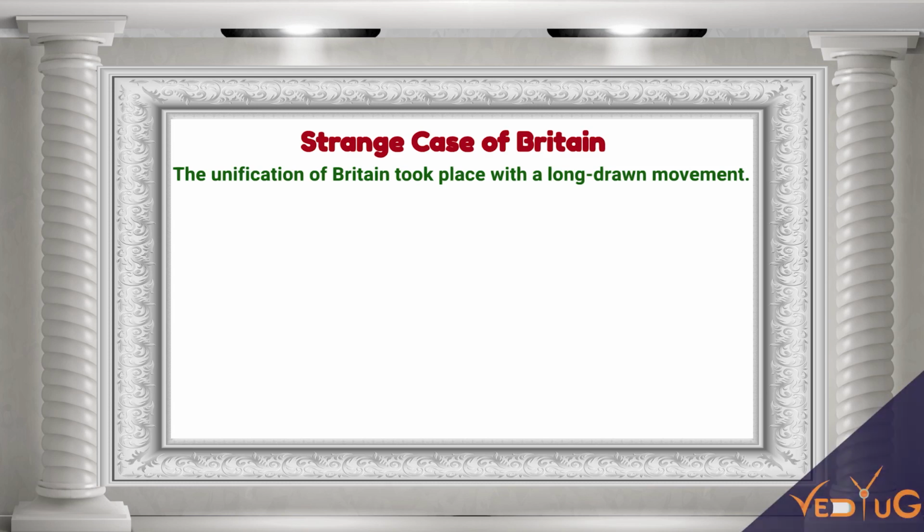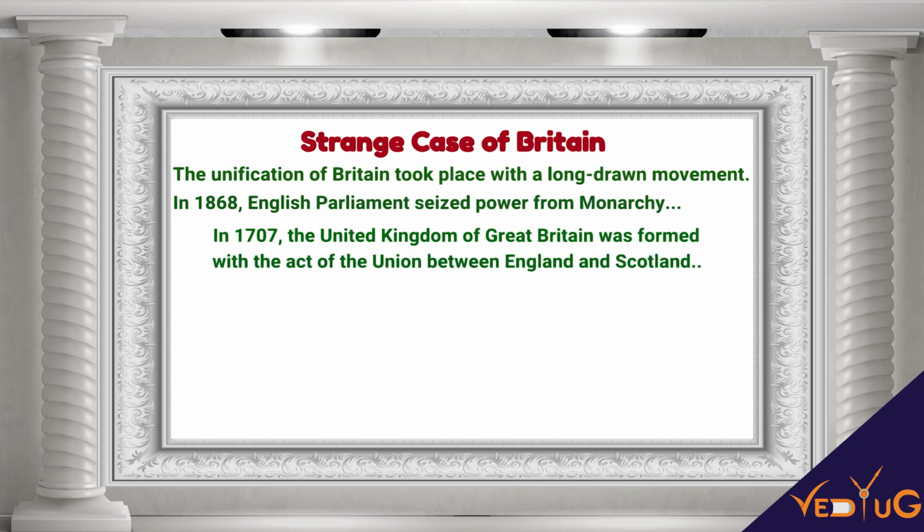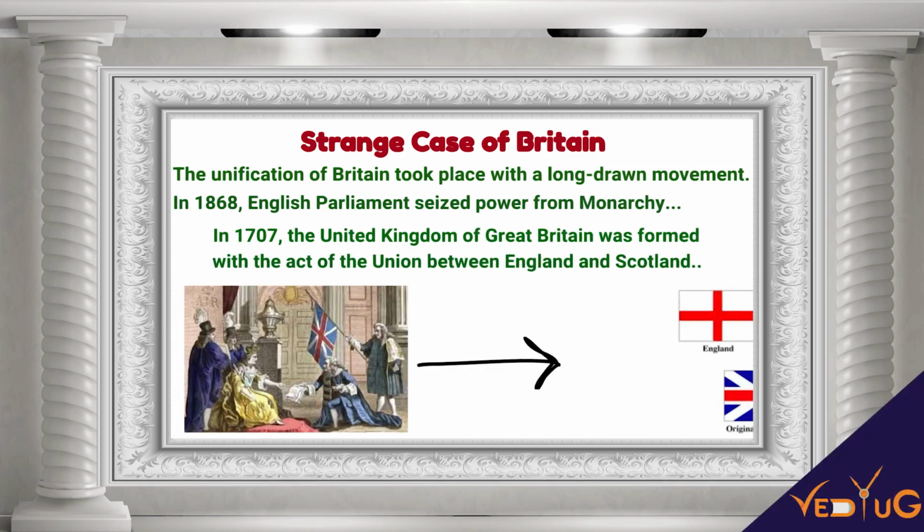Now the English nation grew in wealth, importance and power. So they extended their influence on the other nations, and in 1688 the English Parliament grabbed the power from the monarchy. Now the Act of Union between England and Scotland in 1707 formed the United Kingdom of Great Britain.